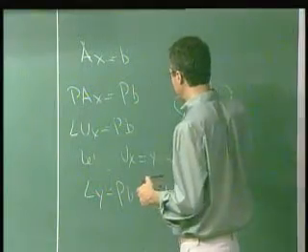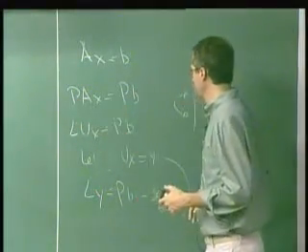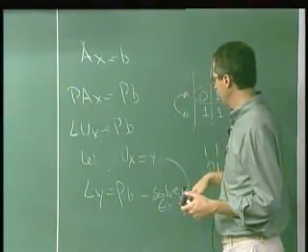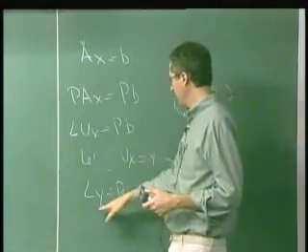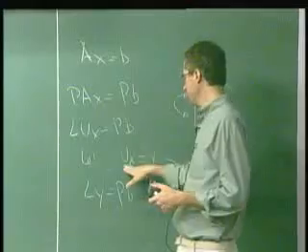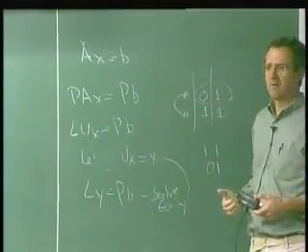So: LU factorization with partial pivoting, followed by a permutation on the right-hand side, followed by a forward solve, followed by a backward solve, and you've got your solution.